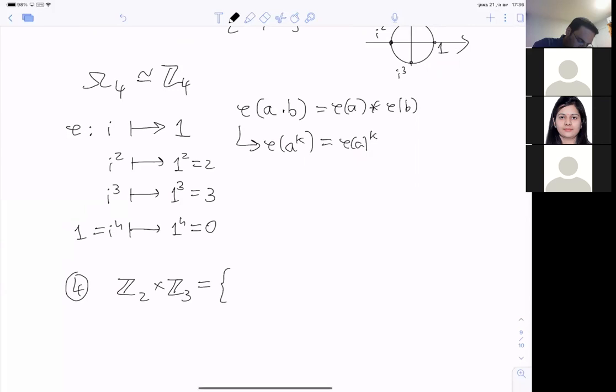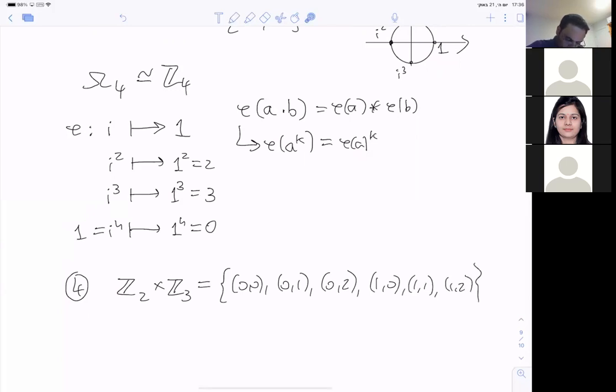These are pairs, which are (0,0), (0,1), (0,2), (1,0), (1,1), and (1,2). 1, 2, 3, 4, 5, 6. Okay. I claim that this group is also cyclic.